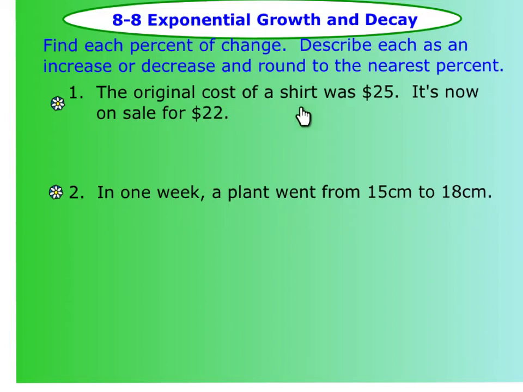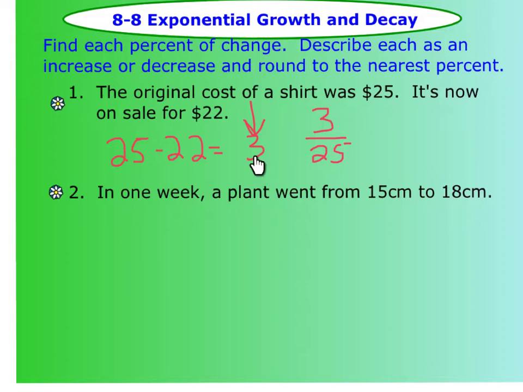The original cost of a shirt was $25. It's on sale for $22. So was that an increase or a decrease? Well, definitely a decrease. So let's find the percent change. The way you find percent change is you subtract to find out how much it changed. It went down 3.